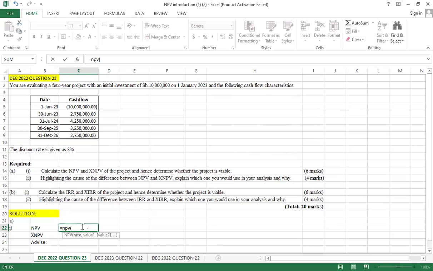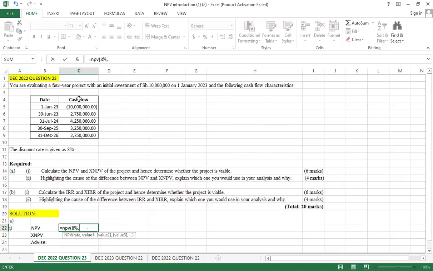As soon as you open the bracket, Excel tells you what the formula should be: the rate, and then value 1, value 2, and so on. The discount rate, we are told to assume 8%. In the last statement of this question, we have 8%. Now, comma, value 1, value 2, value 3, values are cash flows.